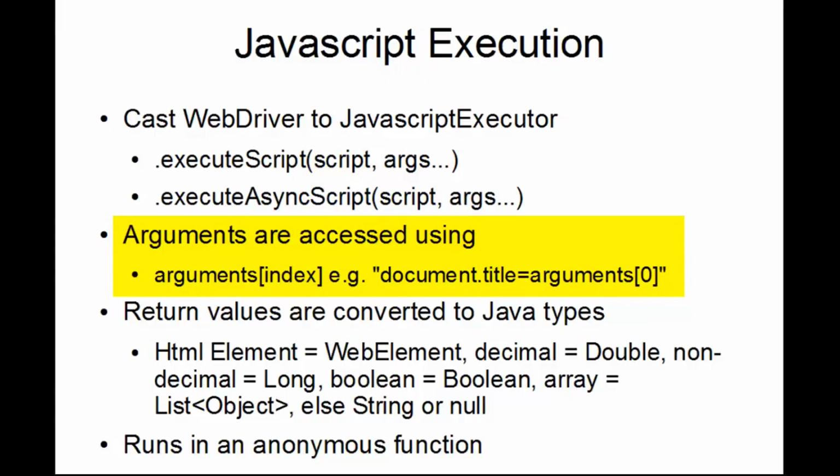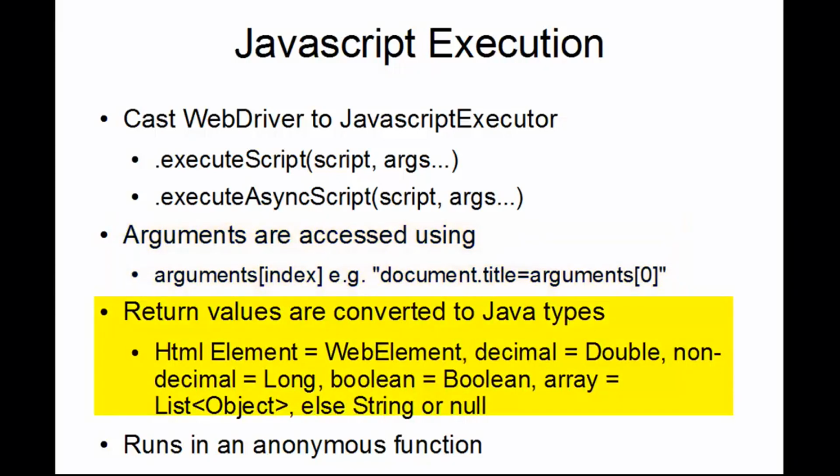So you can see the next line there, arguments, square bracket index is how we access the arguments that have been passed in. So arguments 0 is the first argument that I have passed in. When we return a value back, we have to call the JavaScript expecting an object to come back, and then we cast that object into the type of value that we're expecting to be returned.